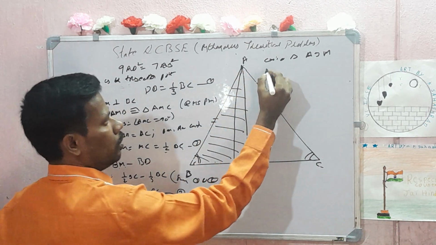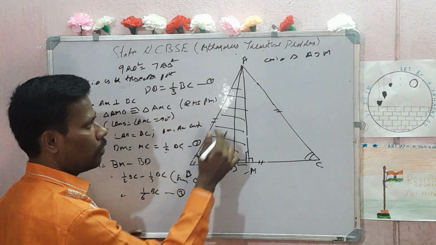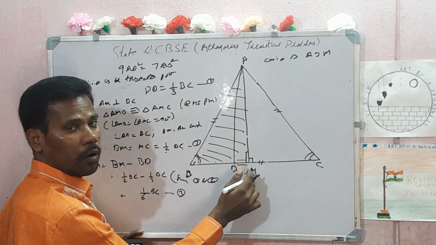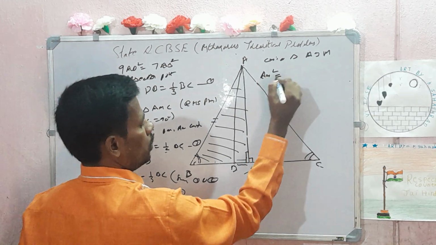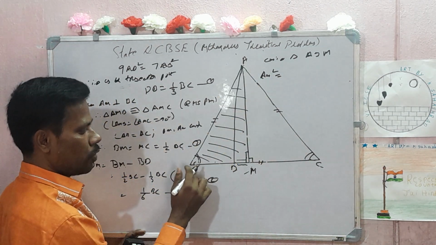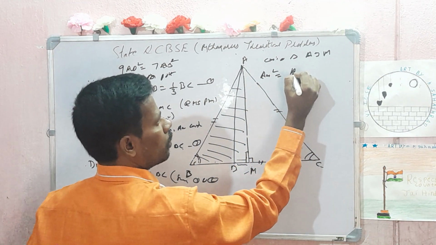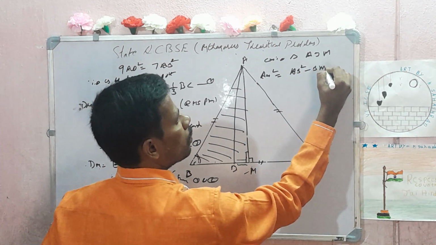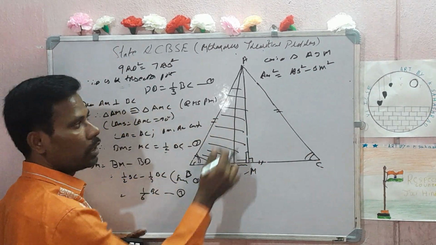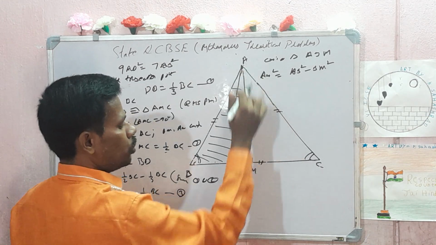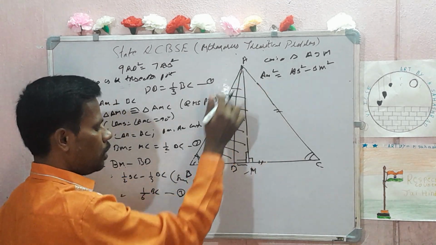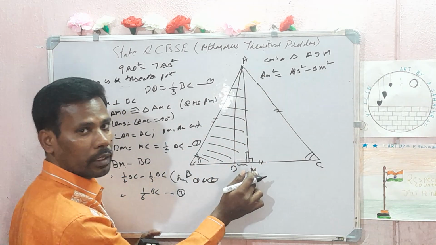So how will you get this? AM square is equal to AB square minus BM square. In this right angle triangle ABM, how will you get AM square? Hypotenuse square minus BM square.